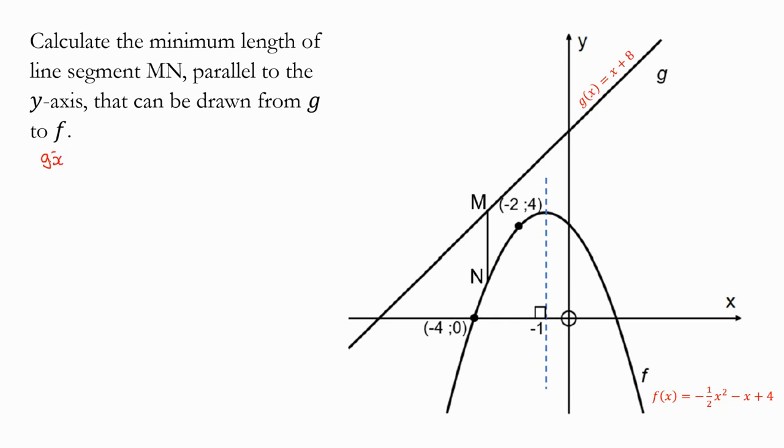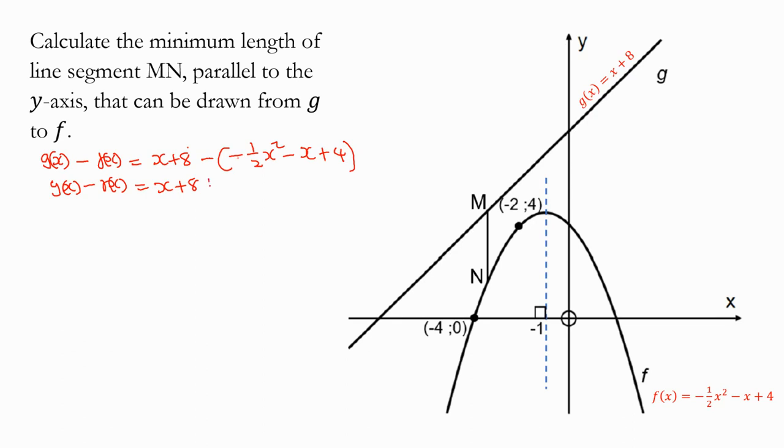So g of x minus f of x, that is MN, is equal to x plus 8, and then minus, be careful, we are subtracting this other function, so we have to put it inside the bracket: minus negative half x squared minus x plus 4.